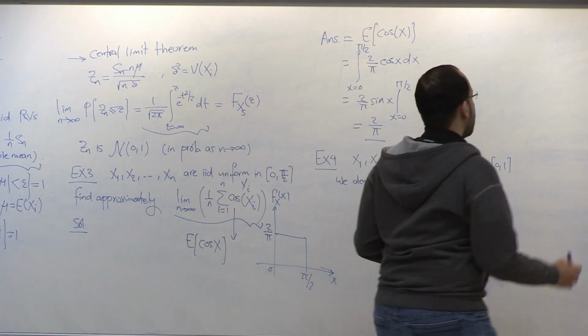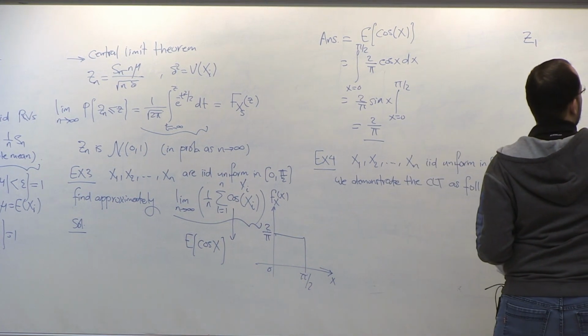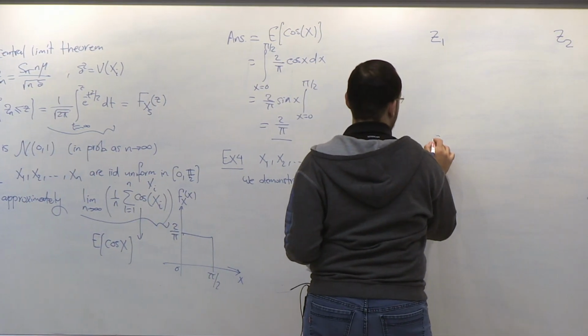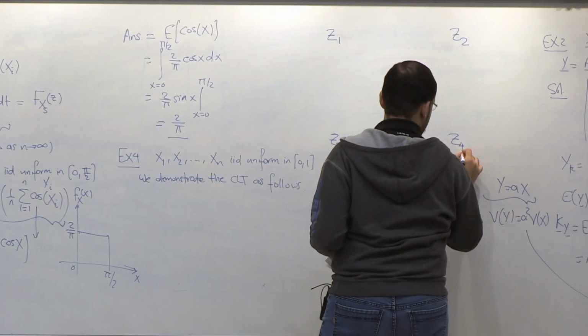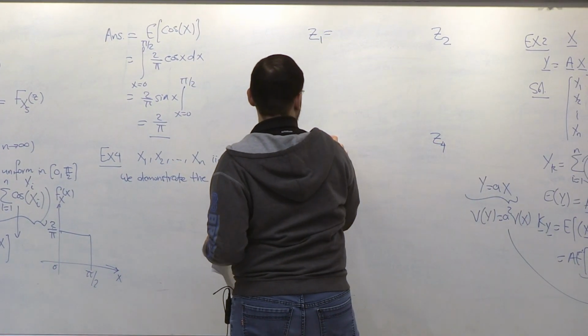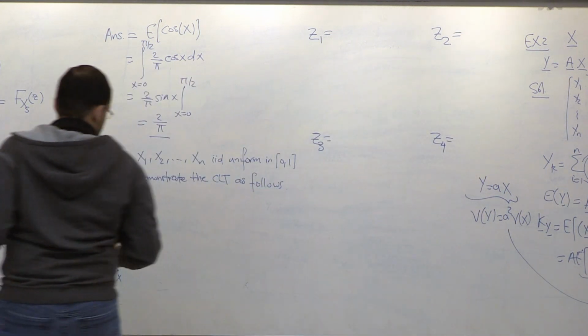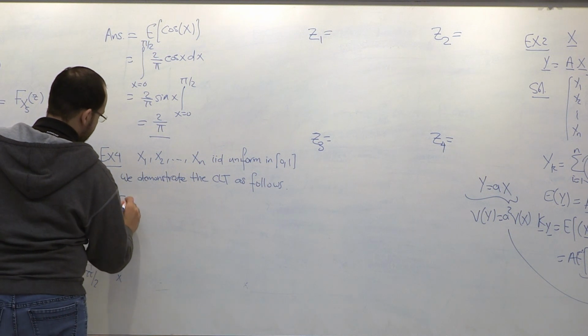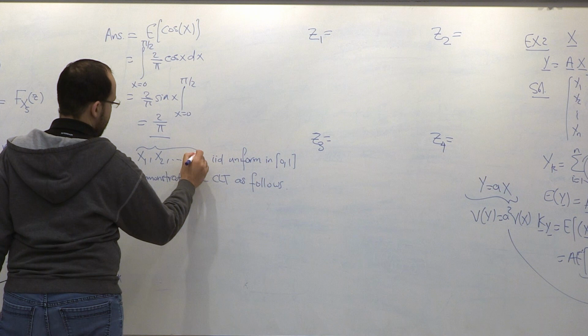What we are going to do is that we will have random variables z1, z2, z3, and z4, and we would just make some substitutions. First of all, what is the expectation here? What is the expected value of X if they are all samples of X?